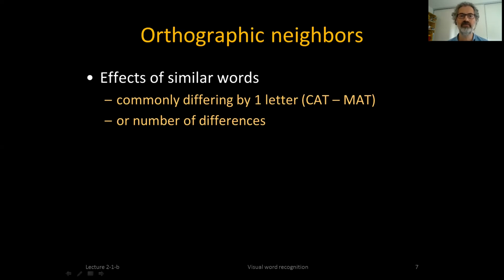In the older conception, it means words that are equally long and differ by a single letter. So, for example, one of many neighbors for the word cat is the word mat, because it exchanges the letter C with the letter M, so that's a one-letter difference, and it's still a word. And there are actually many more neighbors for the word cat.